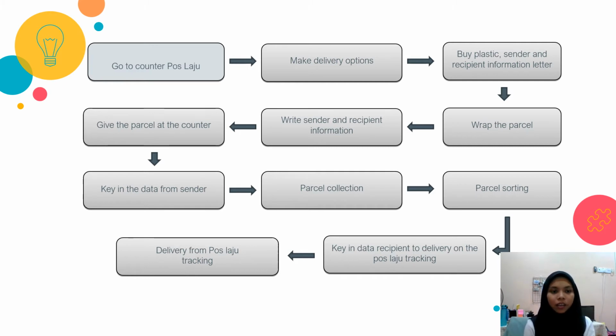After that, give the parcel at the counter, and then key in the data from the sender. After that, parcel collection by Post Laju, then parcel sorting by Post Laju, then key in the data received to delivery on the Post Laju tracking, and the last is delivery from Post Laju tracking.